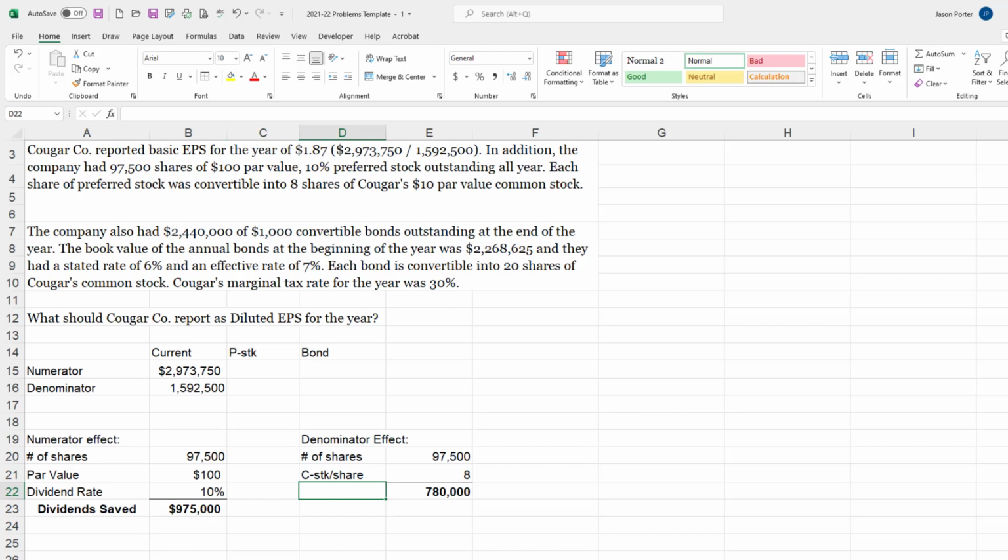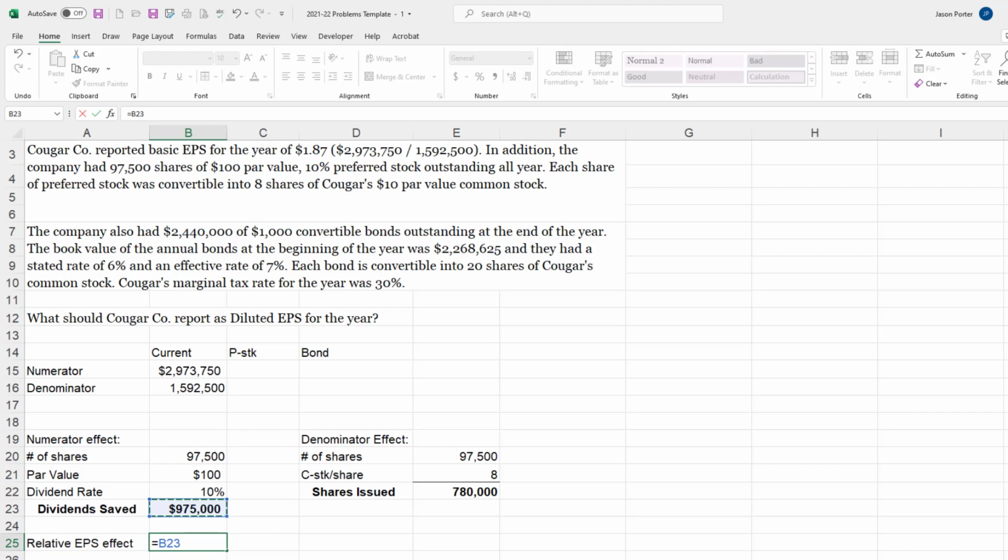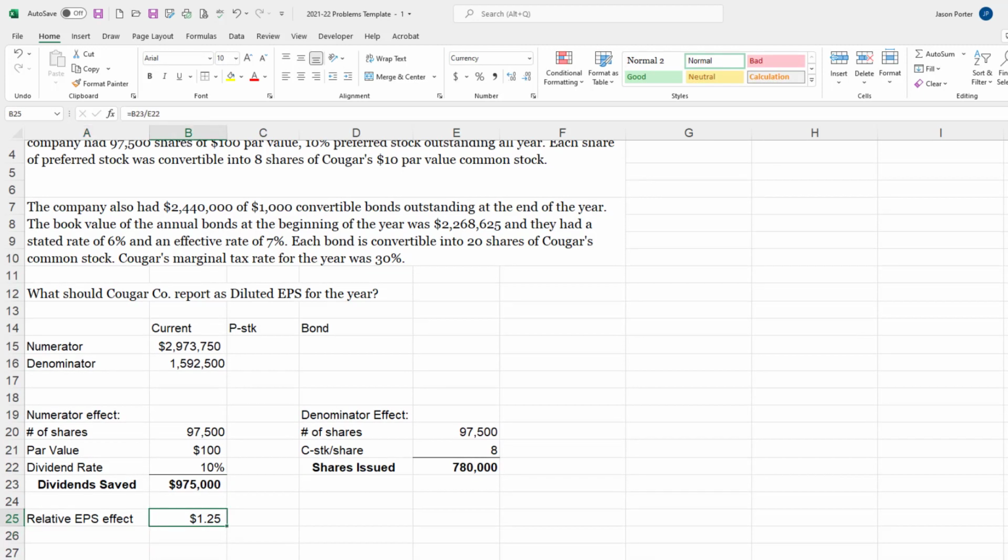And these are the shares issued. Now I've got my numerator effect and my denominator effect. I can get a relative EPS effect. And the way I do that is I take that numerator effect divided by my 780. Now let's do the same thing with the bond. It's the exact same process, maybe a little bit more involved though.